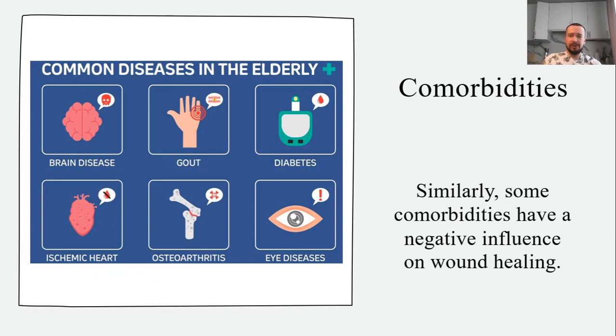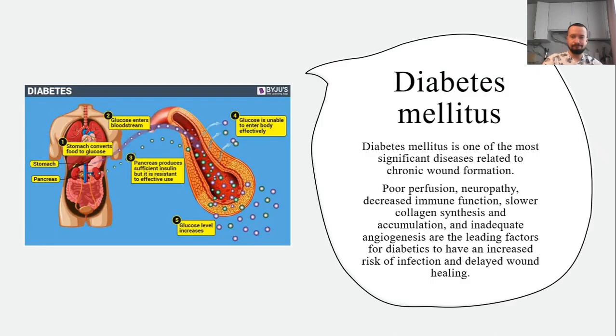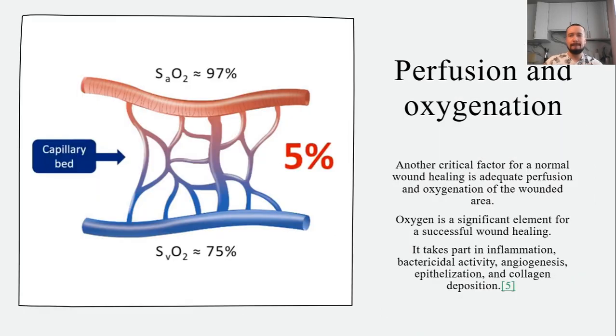Similarly, some comorbidities have a negative influence on wound healing. Diabetes mellitus is one of the most significant diseases related to chronic wound formation. Poor perfusion, neuropathy, decreased immune function, slower collagen synthesis and accumulation, and inadequate angiogenesis are the leading factors for diabetics to have an increased risk of infection and delayed wound healing.